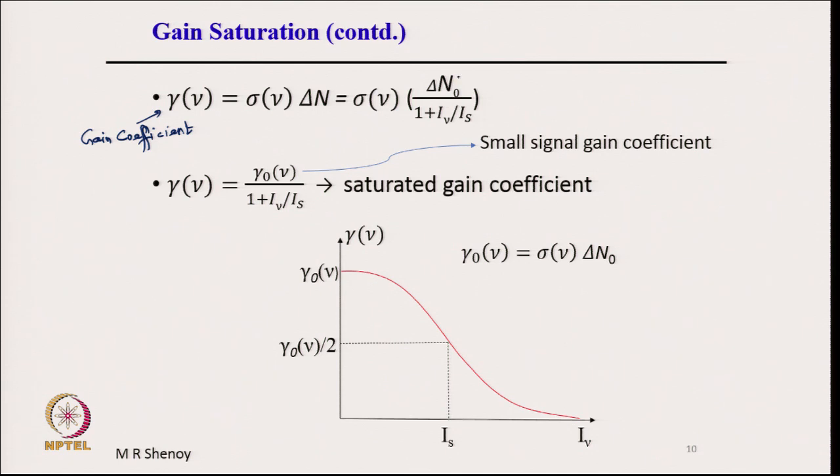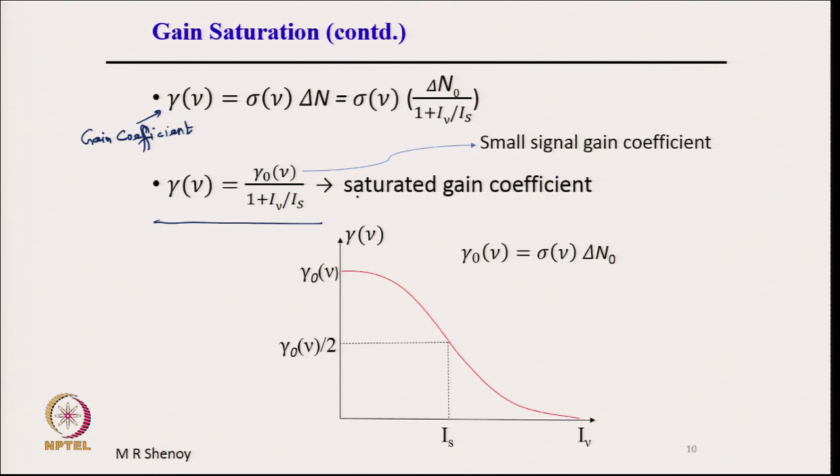And if we call this numerator, sigma of nu into delta n 0, which is independent of intensity, gamma 0 of nu, then gamma of nu can be written as gamma 0 of nu divided by 1 plus I nu by Is, where this expression is called the saturated gain coefficient. Is is the saturation intensity, but this expression is called the saturated gain coefficient.